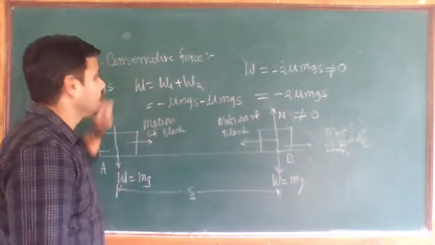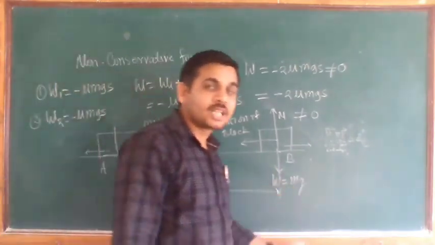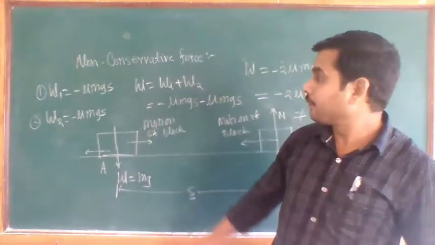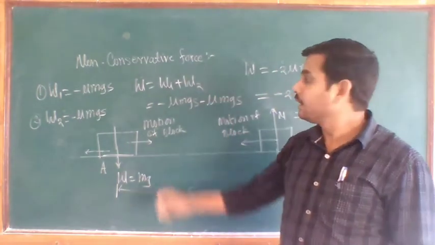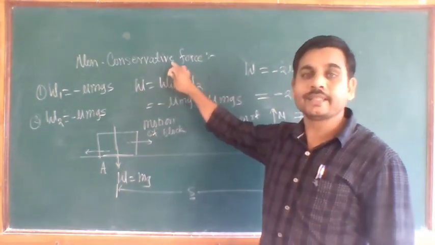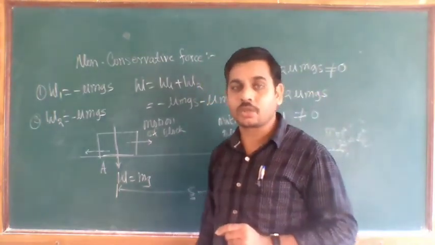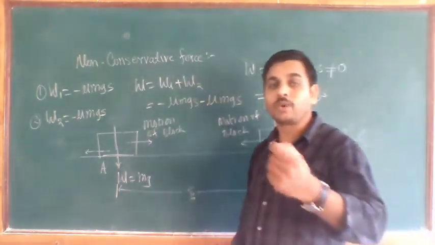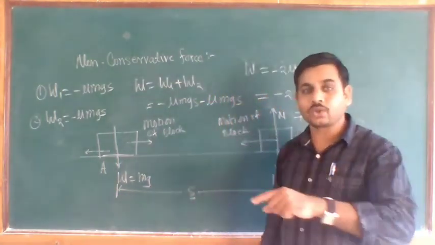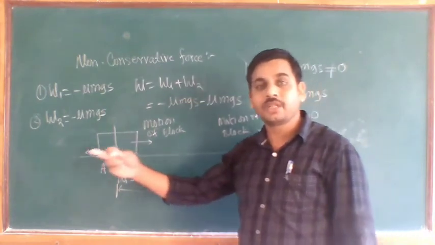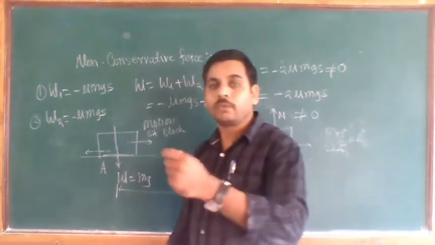So the frictional force between the block and this rough surface is a non-conservative force. From our definition of a non-conservative force, the work done by the force acting on a body in the round trip journey, or the closed loop path, will be non-zero.